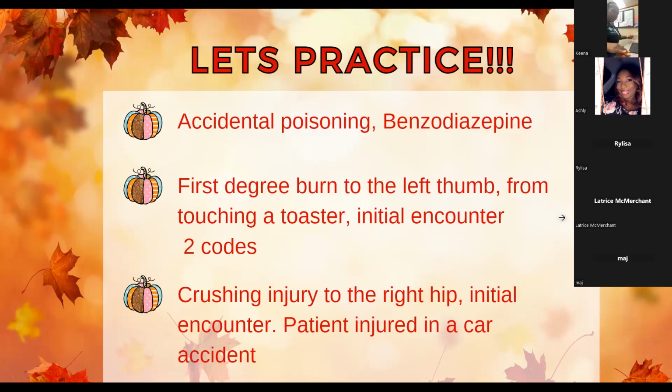So I'm going to go to T23.12, burn of the first degree, single finger, except thumb. So that doesn't fit us. That doesn't fit us at all. So I am going to read through and find just the thumb.